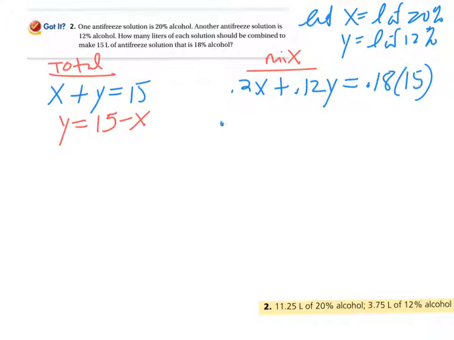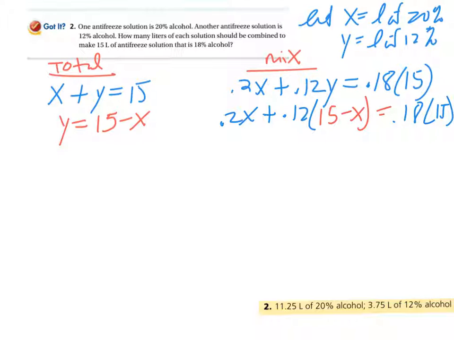So I have my 0.2x plus my 0.12, and then we're substituting for y over here, the 15 minus x. All of that equals 0.18 times our 15. Okay, give a second to soak that substitution up, make sure we did it right.